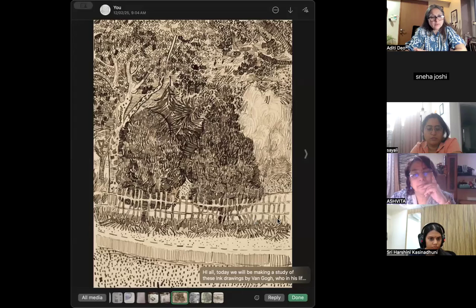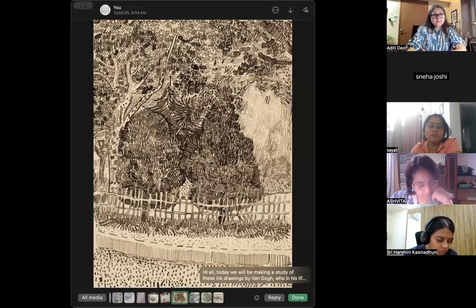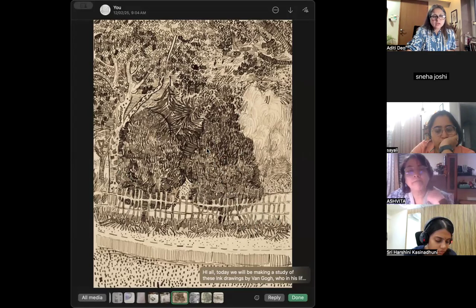You can see this beautiful fence, very intricately drawn, and the trees that are silhouetting the fence. So this picture does not have far too much depth, as we'll see in the rest of the pictures. In any picture, you will have a horizon line, but this does not have a clear horizon line. And I'll explain what the horizon line is when we come to those pictures.